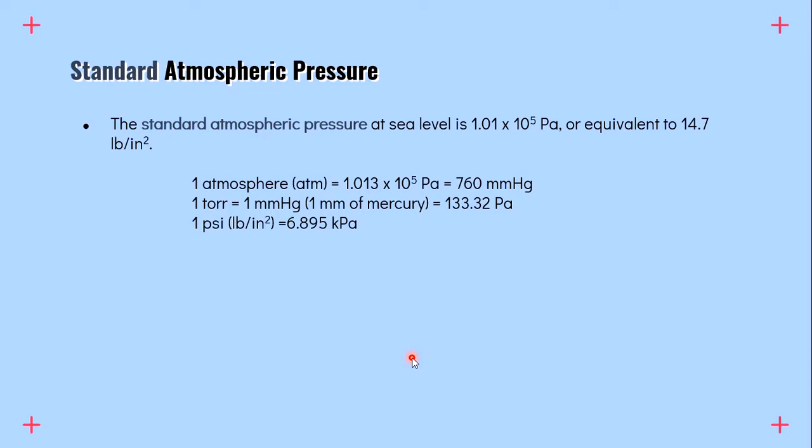That weight is the pressure that we feel, the atmospheric pressure that we feel while living on the surface of Earth. The standard atmospheric pressure at sea level is 1.01 times 10 raised to 5 pascals, or 101.325 kilopascals, which is equivalent to 14.7 pounds per square inch, or 14.7 psi.